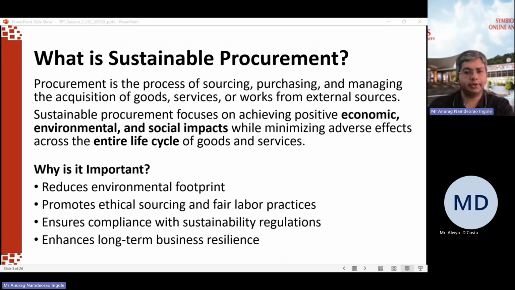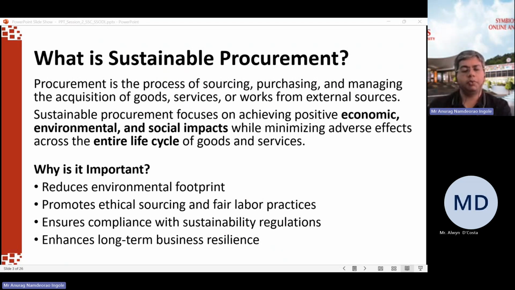And also the logistics in this complete life cycle, getting goods from one place to another, from your supplier to manufacturer, from manufacturer to distributor, from distributor to customer. That entire life cycle is under focus for sustainable procurement.